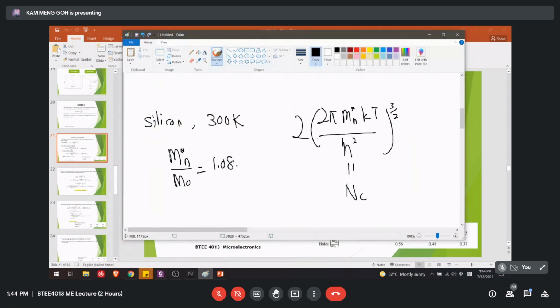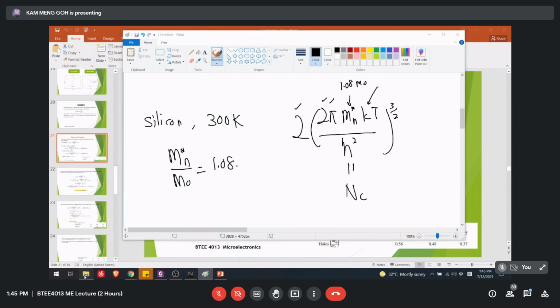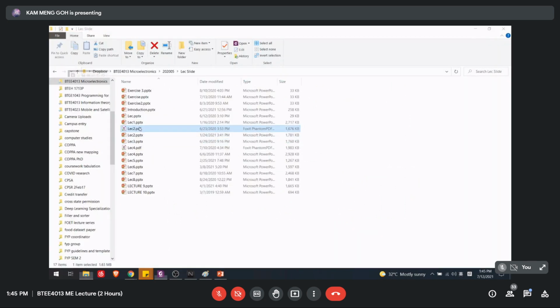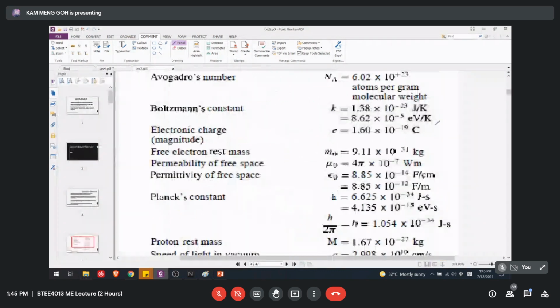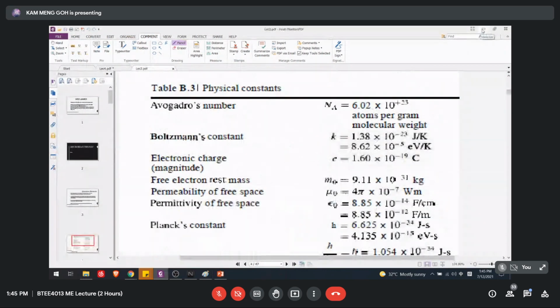So 2 pi, no problem. We know that m asterisk equals 1.08 m0. kT, where k is the Boltzmann constant. Then you put in the value of the Boltzmann constant here first. But at this stage, you don't use eV. You use the normal one in the Joule form, which is 1.38 times 10 to the power negative 23.